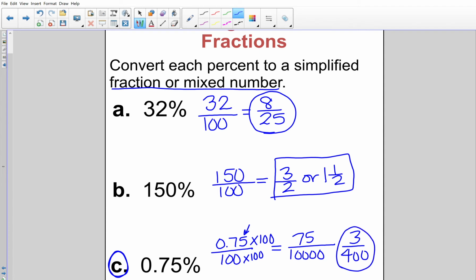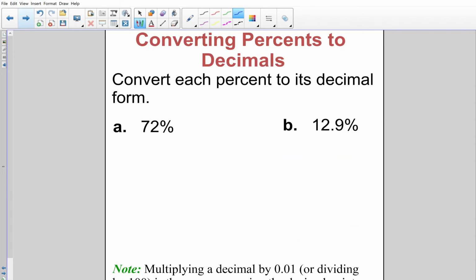Okay. So for this one, I want to convert each percent into its decimal form. If I want it as a decimal, I'm simply going to divide by 100 and drop the percent, or I can move the decimal 2 spaces to the left.